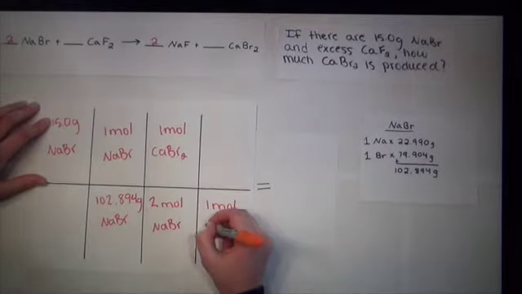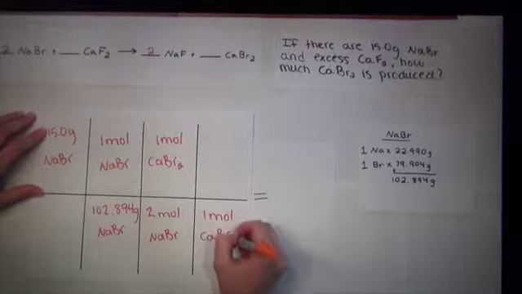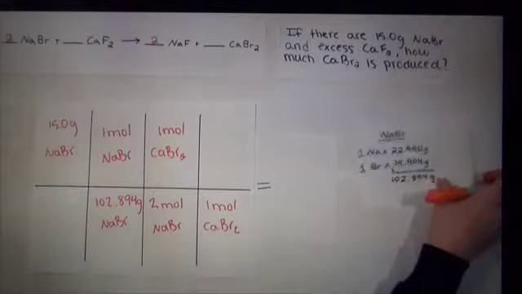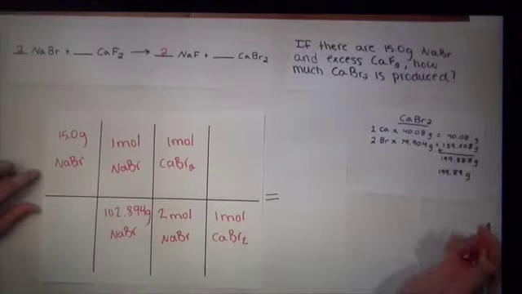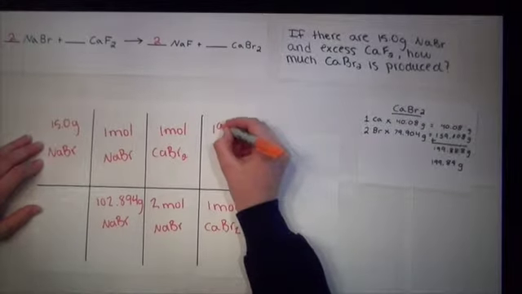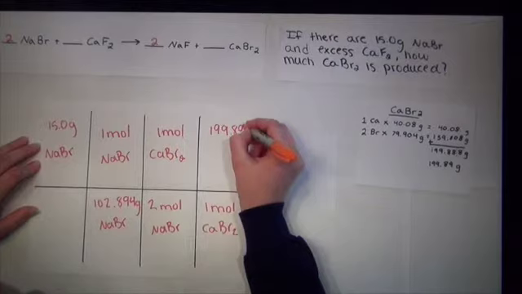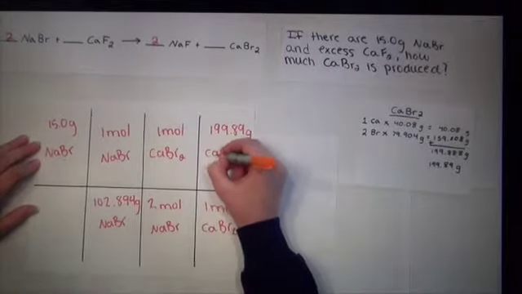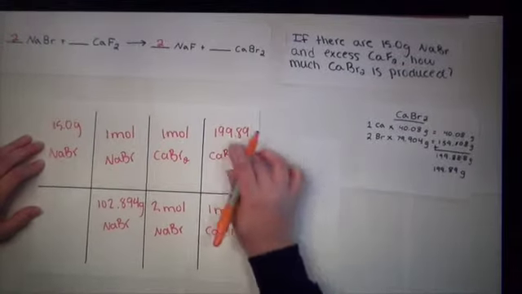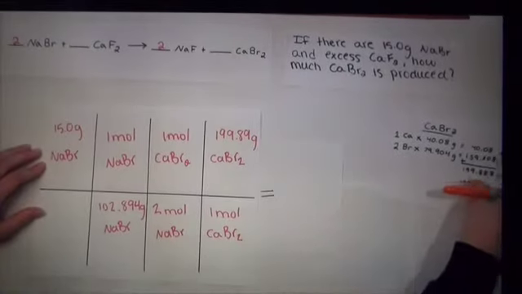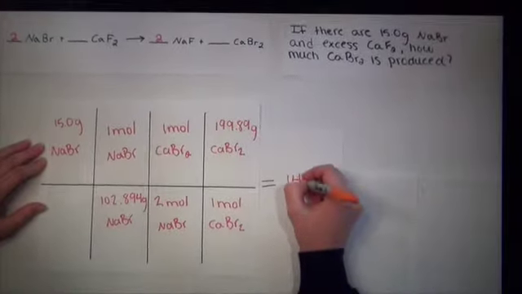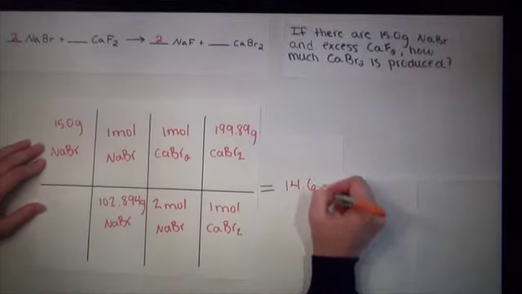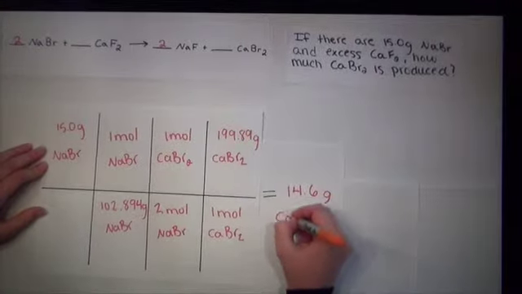So for every 1 mole of calcium bromide, and here comes the molar mass again, 1 calcium, 2 bromine, we end with 199.89 grams of calcium bromide. And we do all the multiplication, and we end with 14.6 grams of calcium bromide.